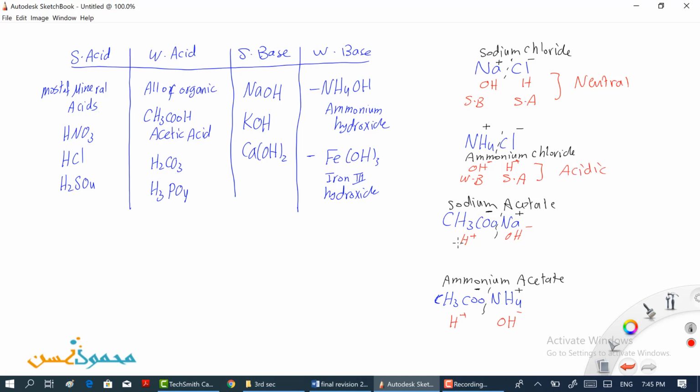The next one, CH3COOH is a weak acid, and NaOH a strong base, so the salt will be basic. The last case, CH3COOH is a weak acid and NH4OH a weak base, and a weak acid with a weak base gives a neutral salt.